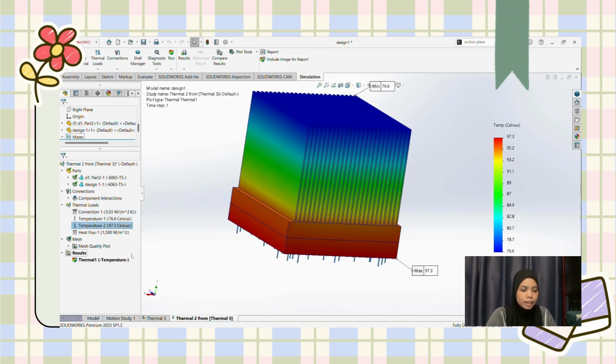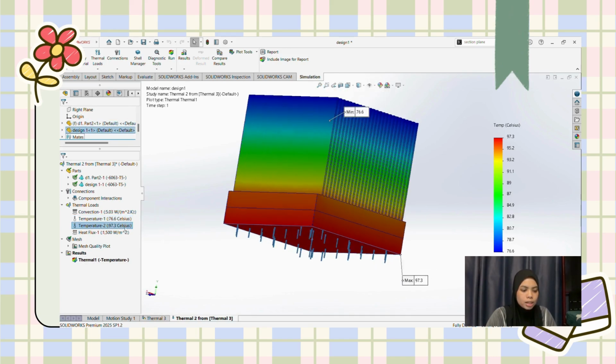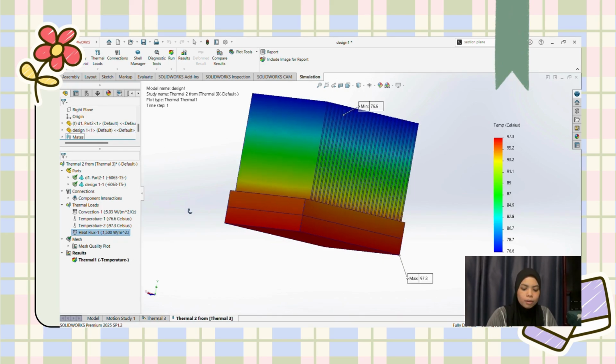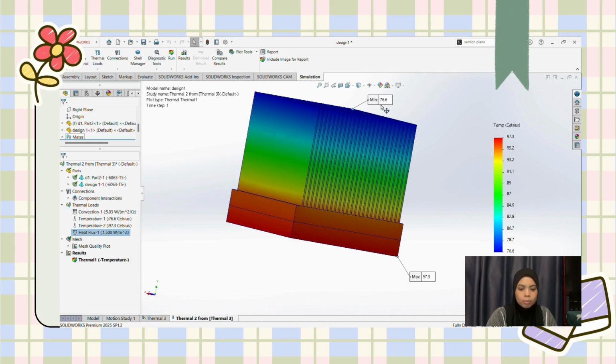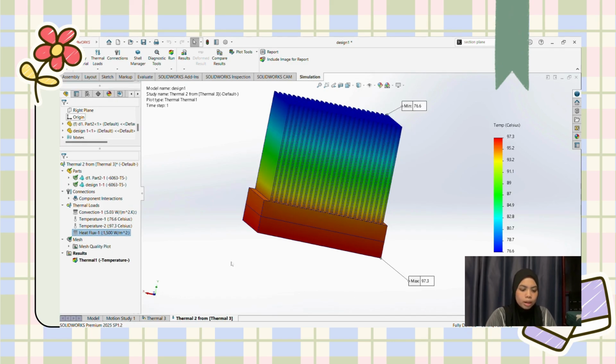After that, I also set the heat flux at the bottom to 1500. After I simulate, the red side at the bottom shows the maximum temperature, 97.3, and at the top the minimum temperature is 76.6, shown as blue. The temperature gradient demonstrates that heat is conducted upward through the heat sink and dissipated into the air.